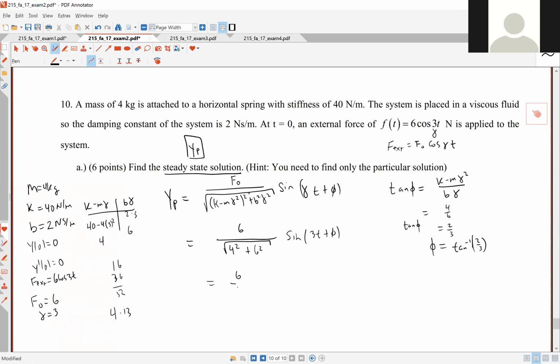So we have 6 over 2 root 13, which is 3 over root 13, times sine of 3t plus phi, where phi is the inverse tangent of 2/3.